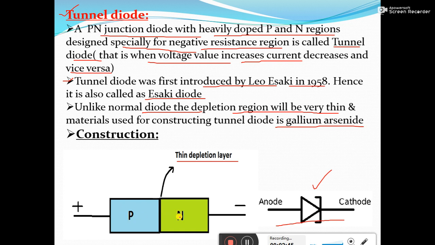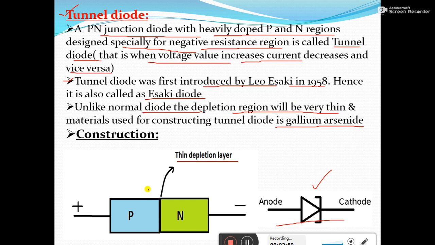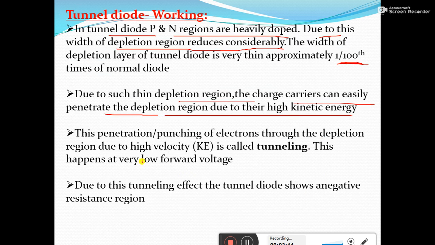Since they are more in number, their kinetic energy will obviously be higher than that of a normal PN junction diode. With a small forward voltage, since the kinetic energy is high, they can punch through this thin depletion region, cross the barrier and reach the other terminal.